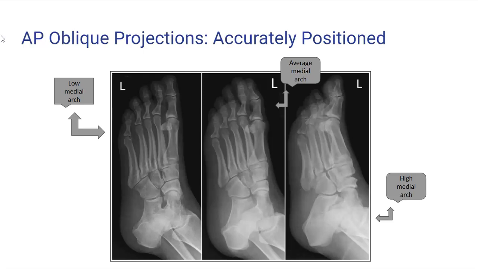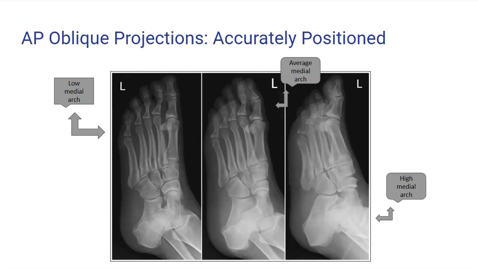However, generally speaking, if the central ray angulation for your AP projection was around 10 degrees and your joint spaces were open on the AP foot projection, then that's indicating an average arch, and therefore the foot should be positioned at 45 degrees of obliquity.